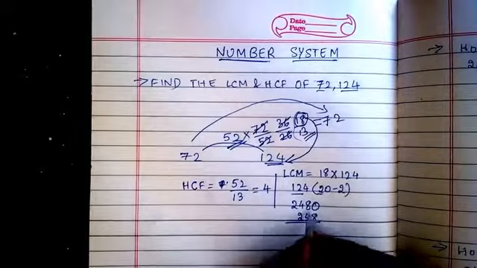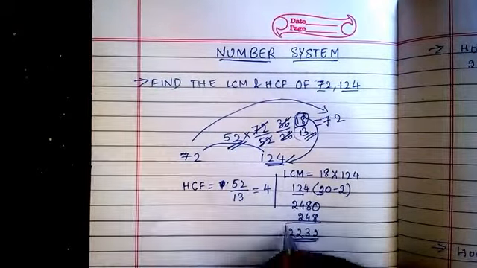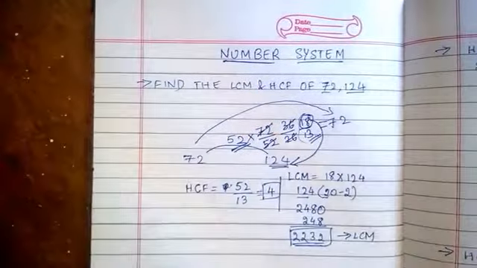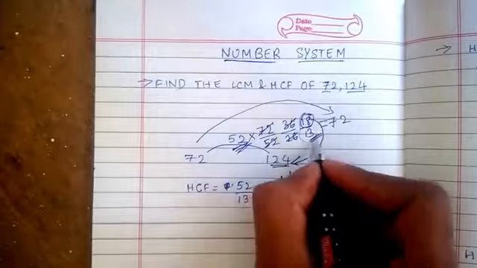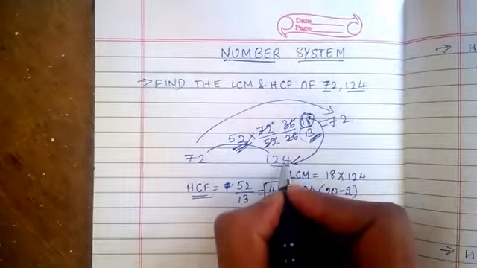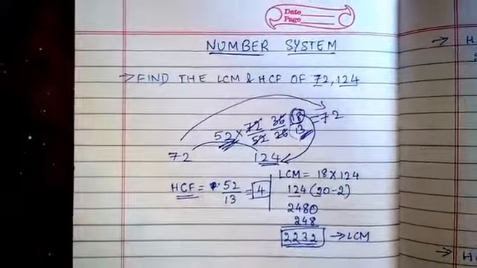The difference will become 2232. This is the LCM and this is the HCF. The difference divided by the denominator is the HCF. The numerator multiplied by the second number gives us the LCM.